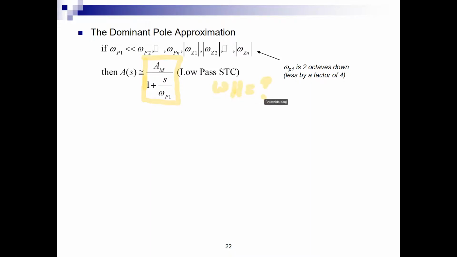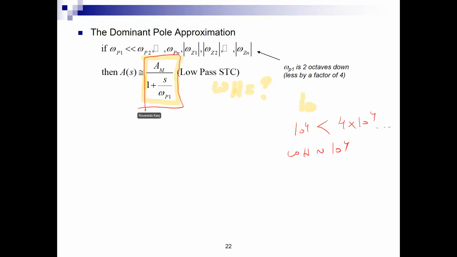For example, if we have 10 to the 4, which is less than 4 times 10 to the 4 and the other zeros, then I can assume that omega h is approximately 10 to the 4, and I can use the simplified form.